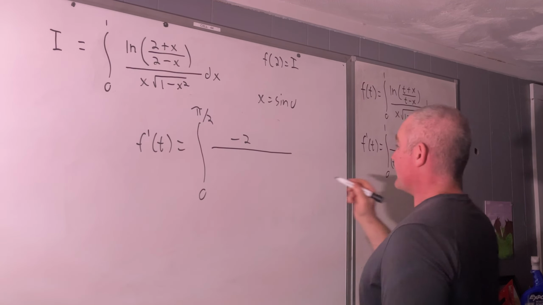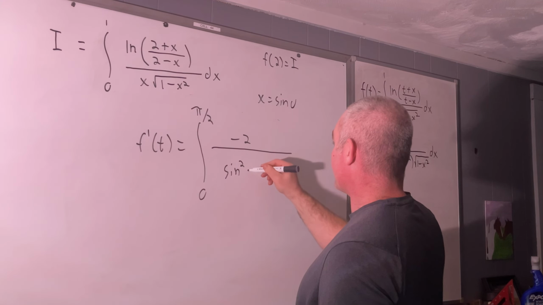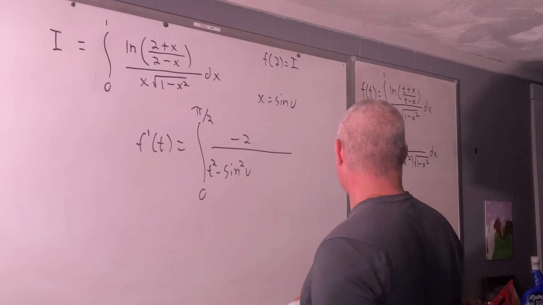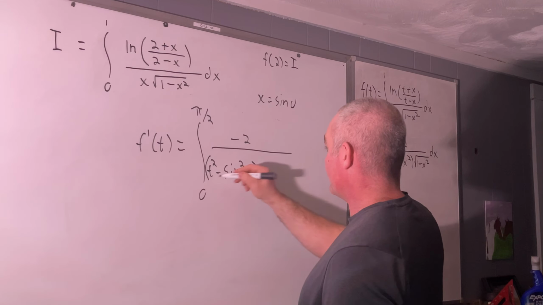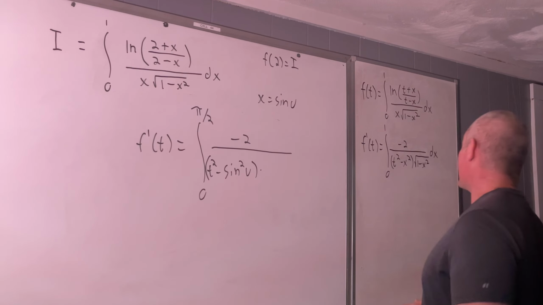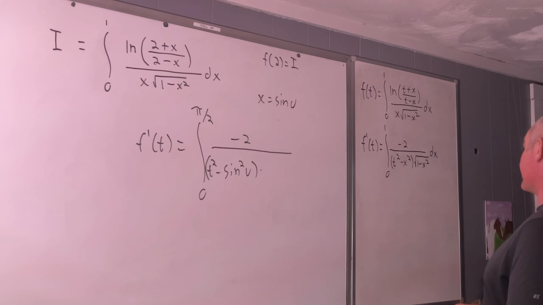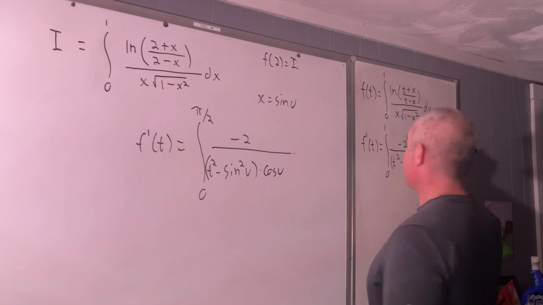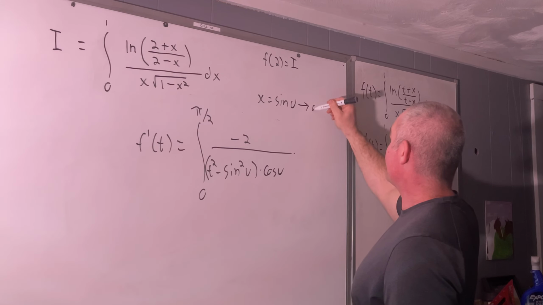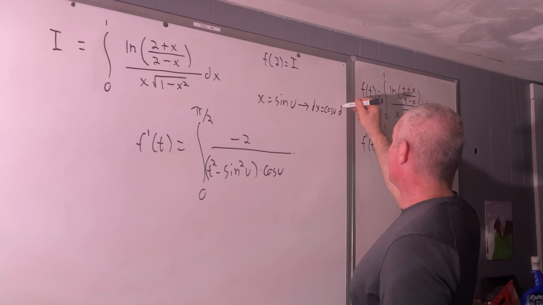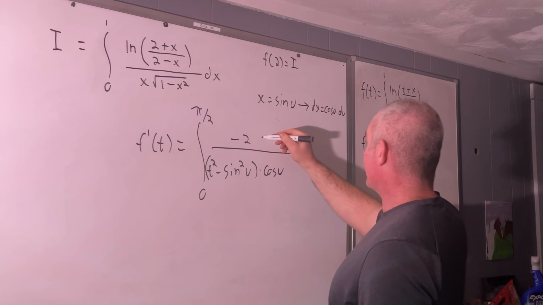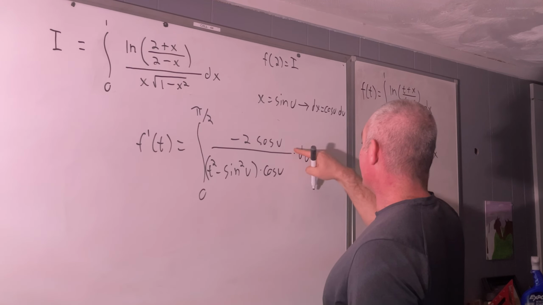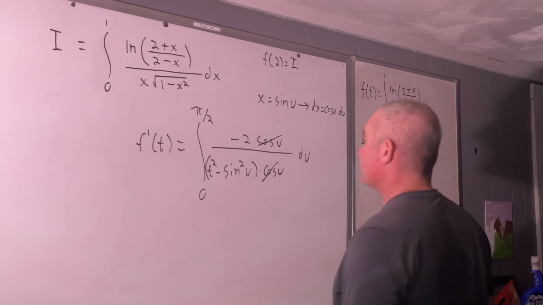We'll get t squared minus sine squared u times, let's see, 1 minus sine squared u is cosine squared u. Square root of that is just cosine u, times dx, which is cosine u du. All right, that cancels and that cancels.